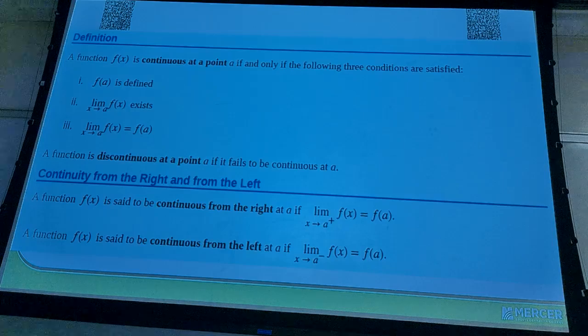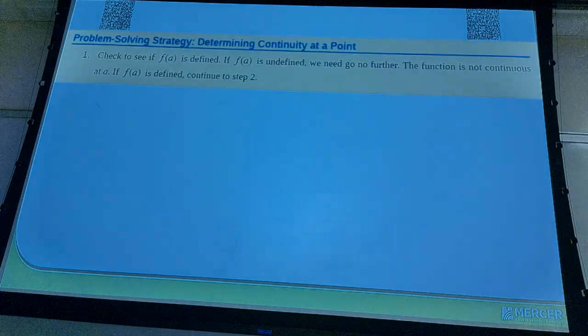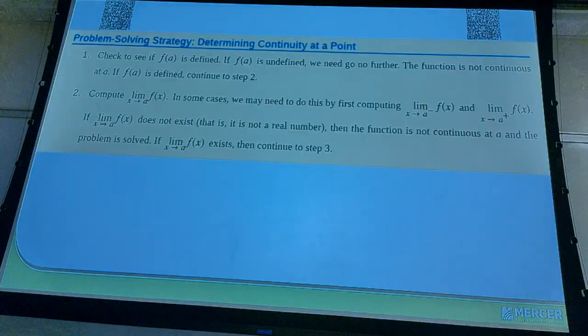First and easiest one is to make sure that f of a is defined. Right? If it's not, you're done. It's not continuous. If it is, compute the limit as x approaches a.